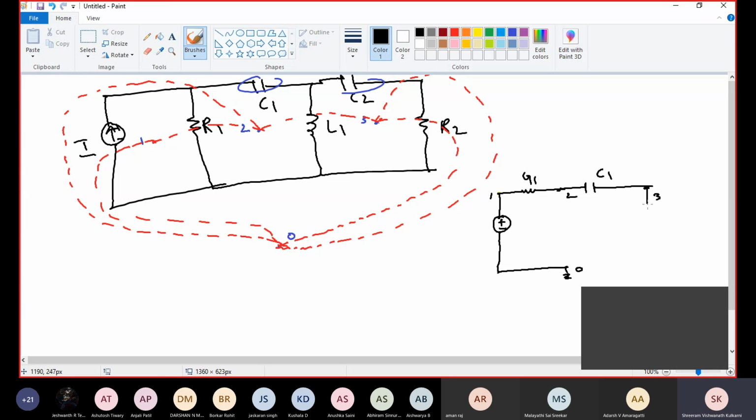I am going to replace that one with conductance, G2. Now we can see this C2 is in parallel with node 3 and C1 is in parallel with node 2. By visually seeing, we can say that yes, these capacitors are in parallel with node 2 as well as node 3 respectively.